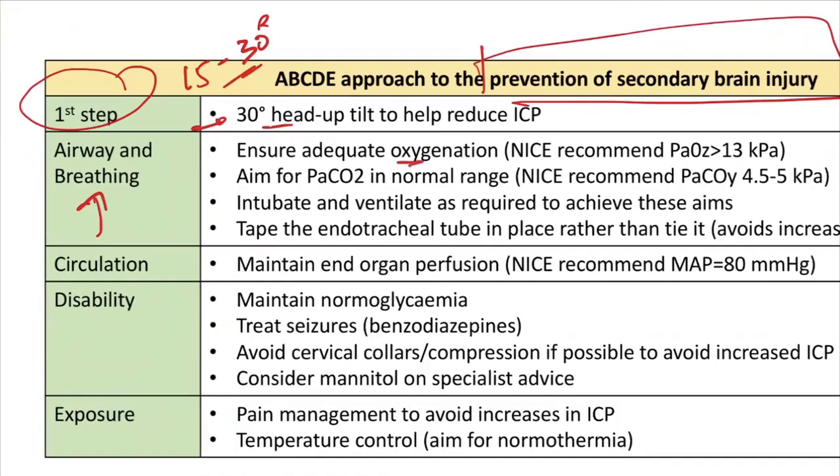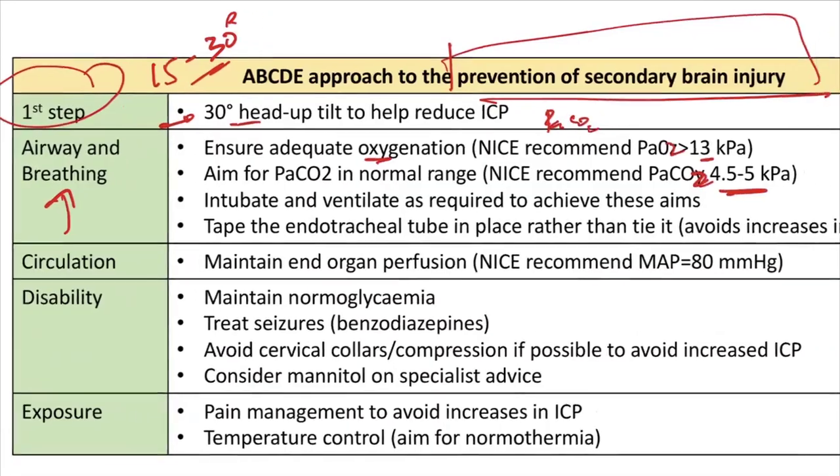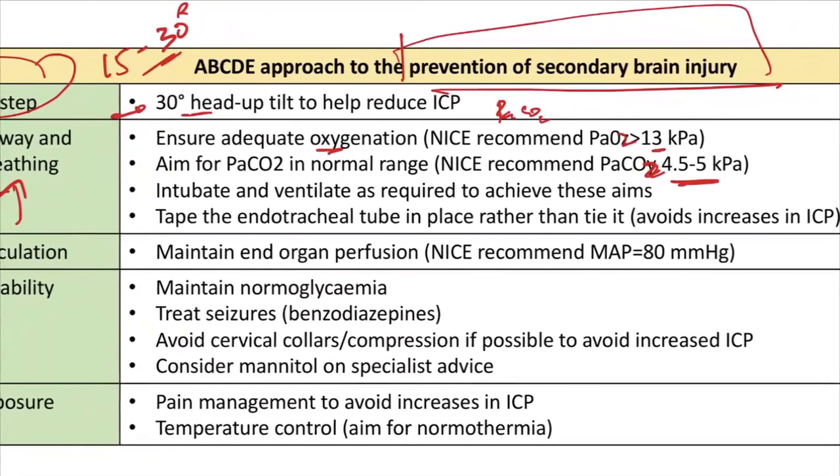Make sure there is adequate oxygenation. That means PaO2 values are more than 13 kPa, and PaCO2 values are between 4.5 and 5. If you have given supplementary oxygen and still you are not able to maintain the PaO2 or PaCO2 values in this range, then you might have to go ahead and intubate this patient and connect him to the mechanical ventilator.